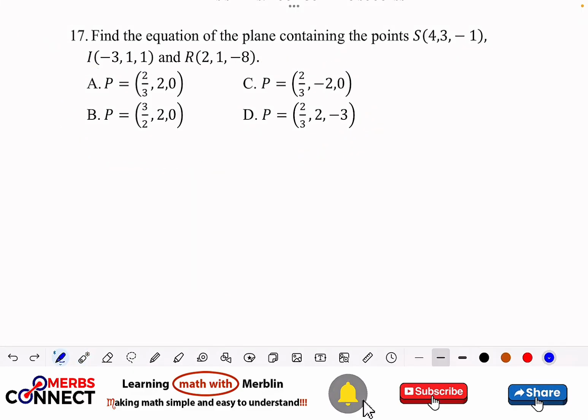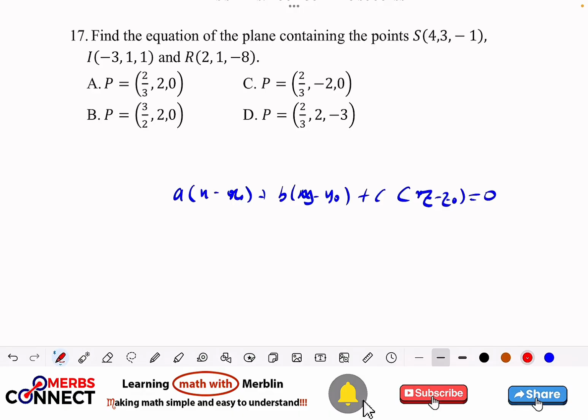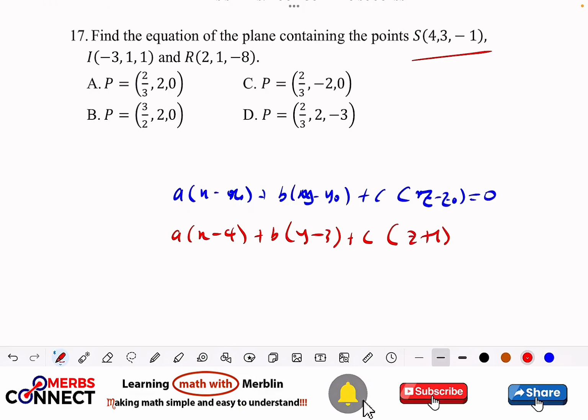So here, for us to find the equation of the plane, we know the equation of the plane is a(x minus x naught) plus b(y minus y naught) plus c(z minus z naught) is equal to 0. We can pick any of the points to be x naught, y naught, so let me pick this one. This will be a(x minus 4) plus b(y minus 3) plus c(z plus 1) equal to 0.